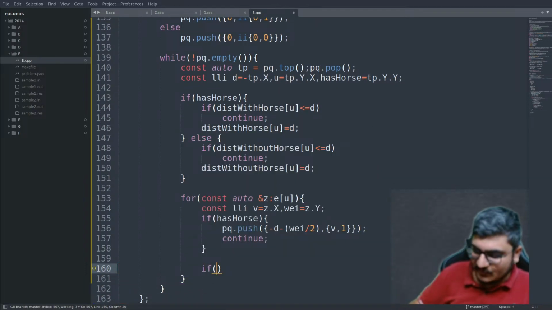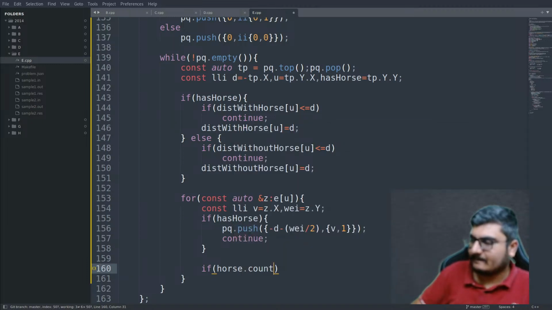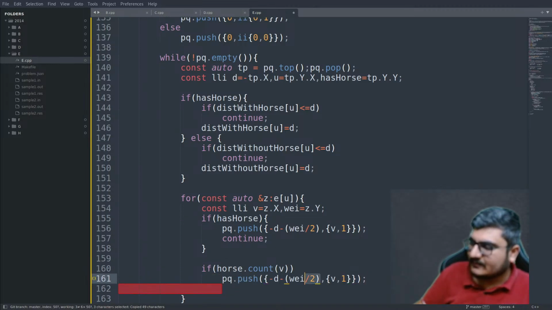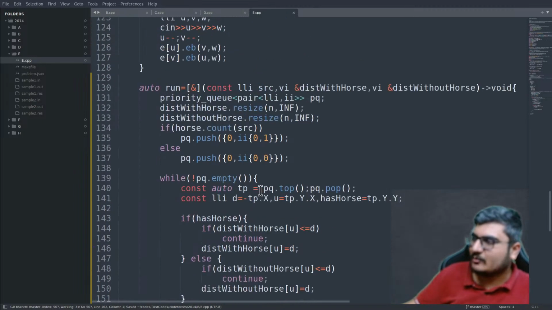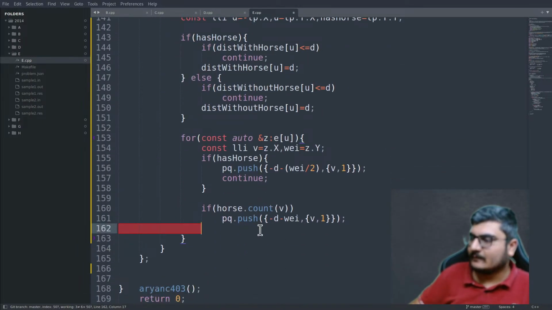Otherwise, if the new vertex contains a horse, then we will still take the same time to reach the vertex v, but now vertex v has a horse.